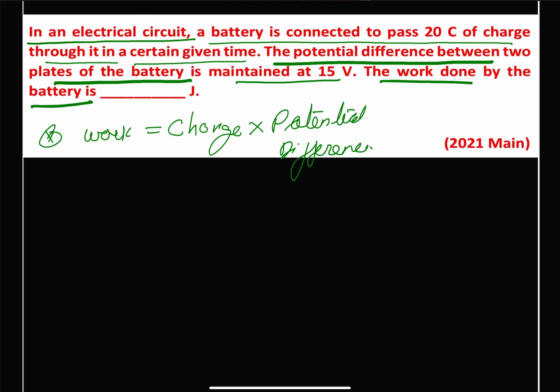So we substitute the value, we get this as 20 multiplied by 15, and this comes as 300 joules. Okay. So the correct answer is 300 joules. Next question.